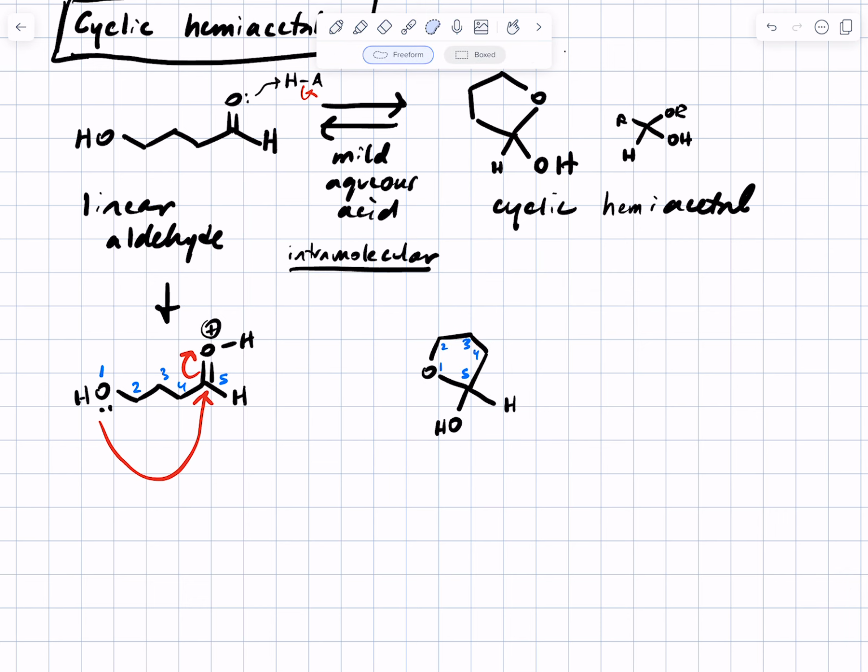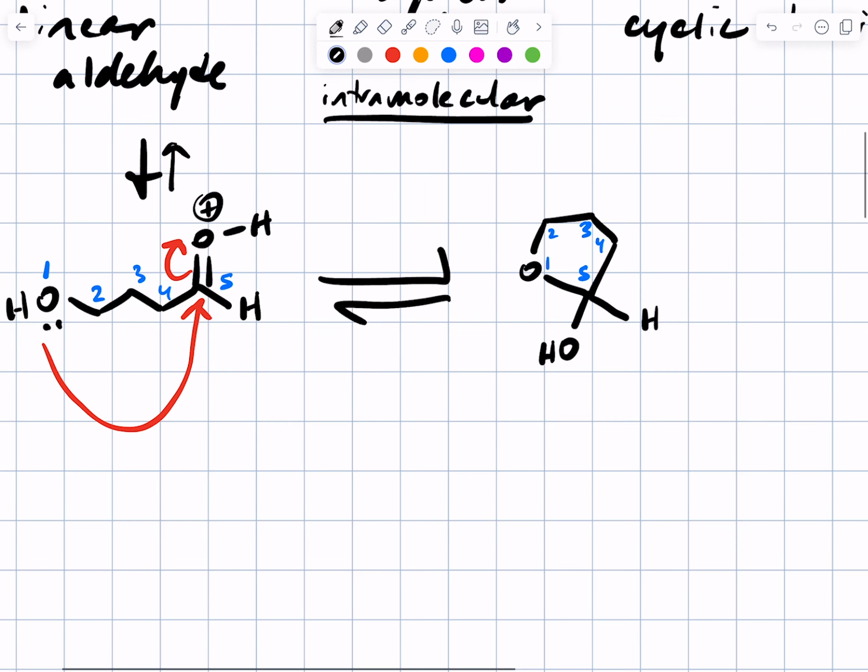Okay? Again, now if you started with the cyclic hemiacetal, how are you going to recognize that this is a hemiacetal? Look for the OH group and an OR group on the same carbon, and then recognize that that used to be the carbonyl carbon. How can you tell what kind of carbonyl it was?